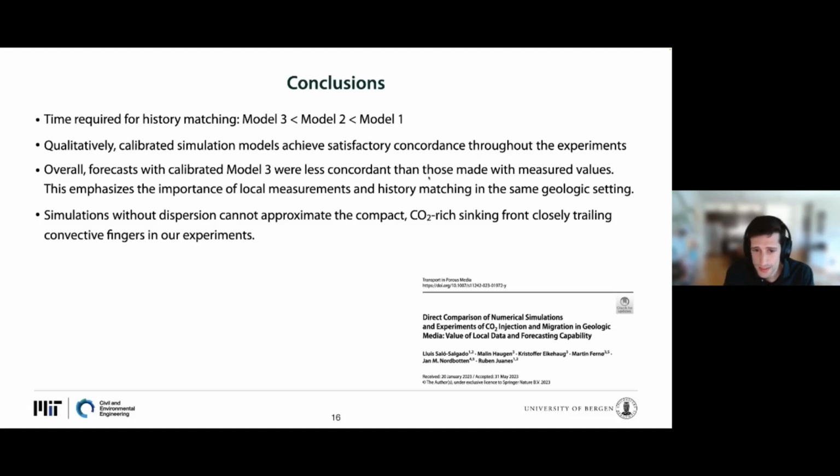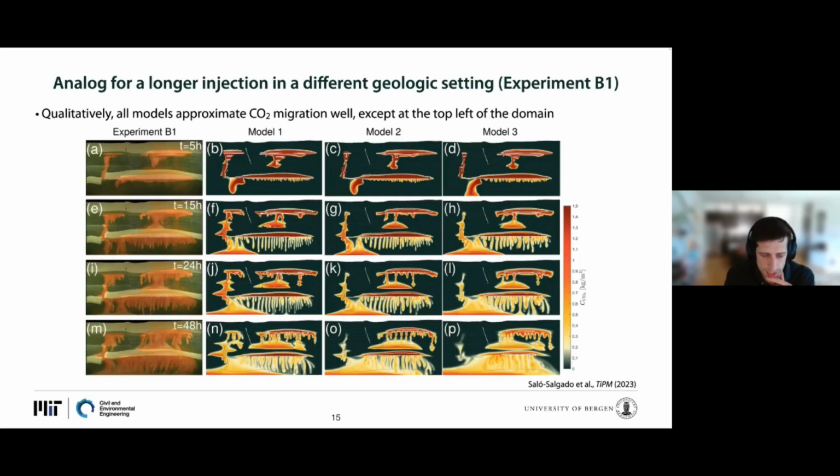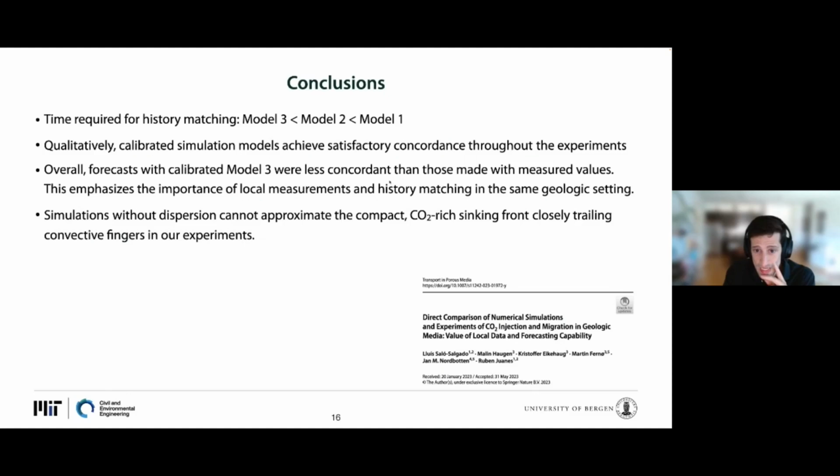This is something that I didn't detail in this presentation, but essentially what it means is that for the second experiment and simulations in this setup, we run a simulation with the initial parameter values and then another one with the parameters after calibration. And for the Model 3, which had access to local data, the overall concordance between the experiments and simulations was better with initial parameter values.